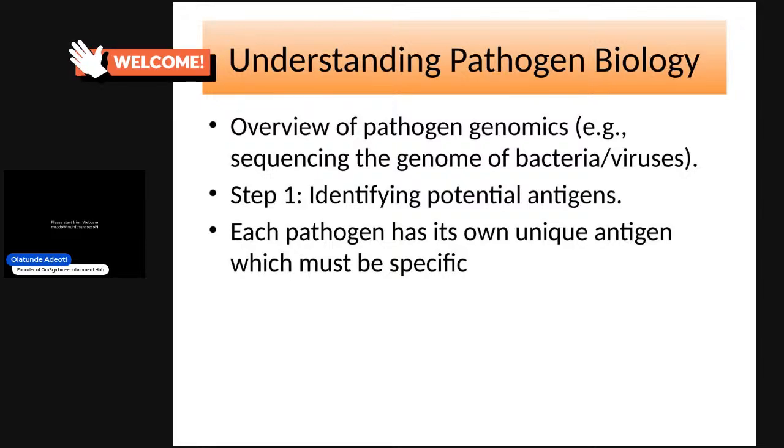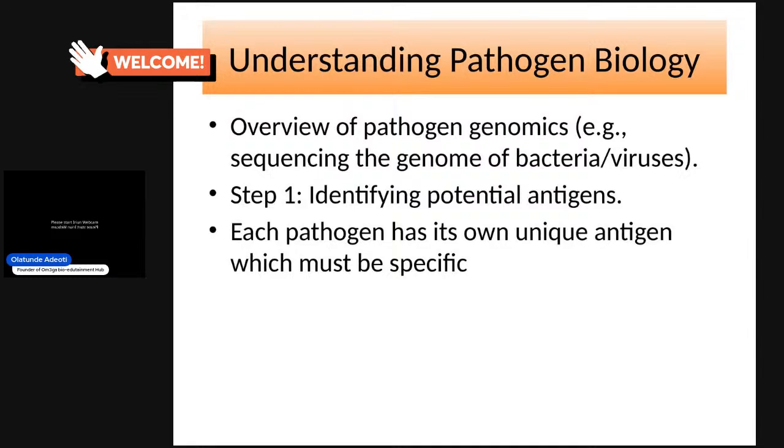Whichever one you pick, you must know its biology. You should know the mode of transmission, look at the molecular biology, look at everything about that organism, look at how notorious it is. So that's why we said an overview of pathogen genomics, e.g. sequencing the genome of bacteria and viruses.